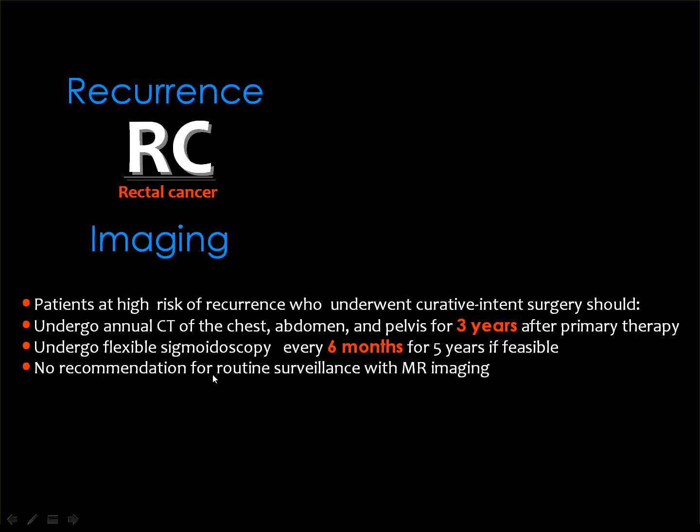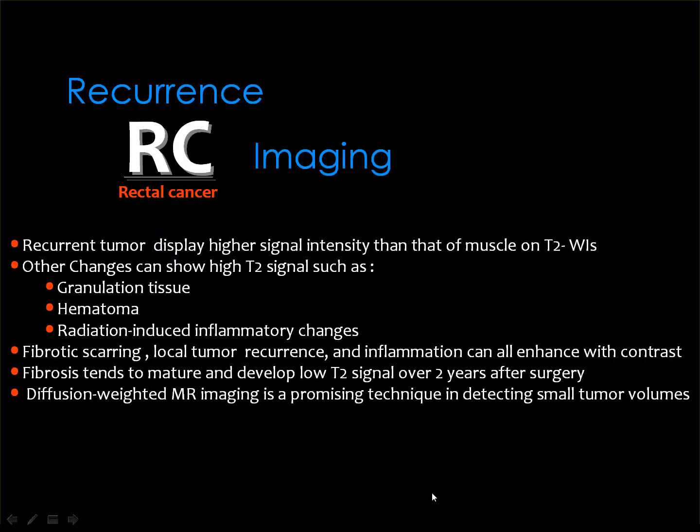There is no recommendation for routine use of MRI for follow-up. Recurrent tumor displays high signal intensity compared to that of the muscle, while other tissues may also show high signal intensity, like granulation tissue, hematoma, and radiation-induced inflammatory changes.